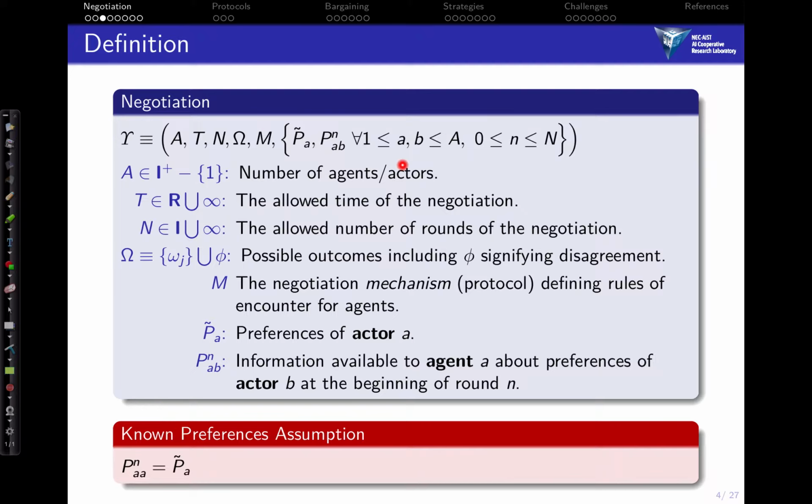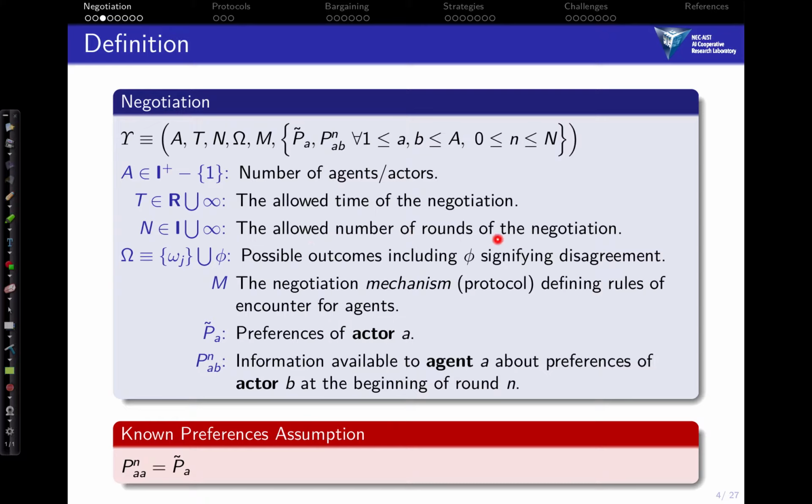Sometimes I speak about actors, sometimes about agents, but they are mostly the same. As you can see, it can be any number that's not one. So we can have bilateral negotiation between two actors or multilateral between 3 or 4 or 5 actors. And usually there is an allowed time for the negotiation. So negotiation can go for some predefined amount of time, let's say 3 seconds, 5 minutes, or maybe there is no constraint and it can go forever.